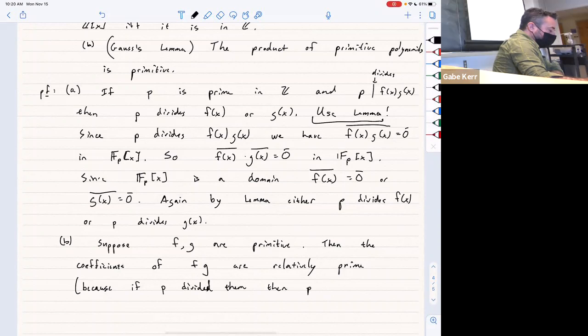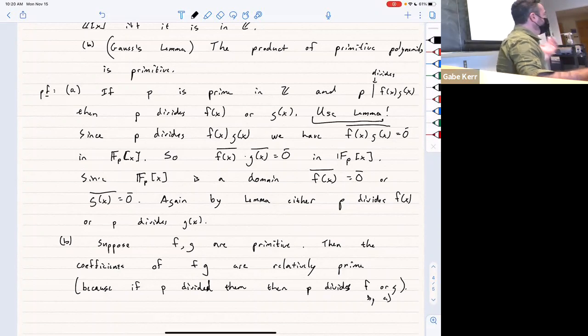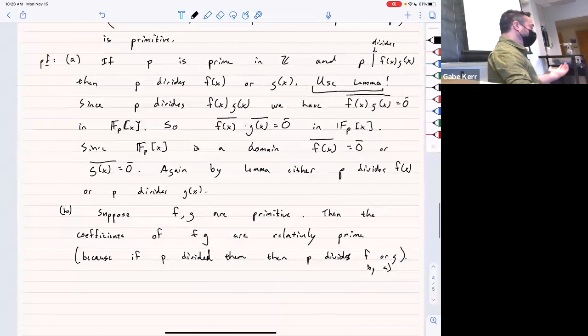And then P would divide f or g, by A. But they're primitive, so the coefficients of f or the coefficients of g are all relatively prime, so that can't happen. Okay, and then the other condition is just that the leading coefficient is positive, but clearly the leading coefficient is the product of the two leading coefficients, so they're both positive.